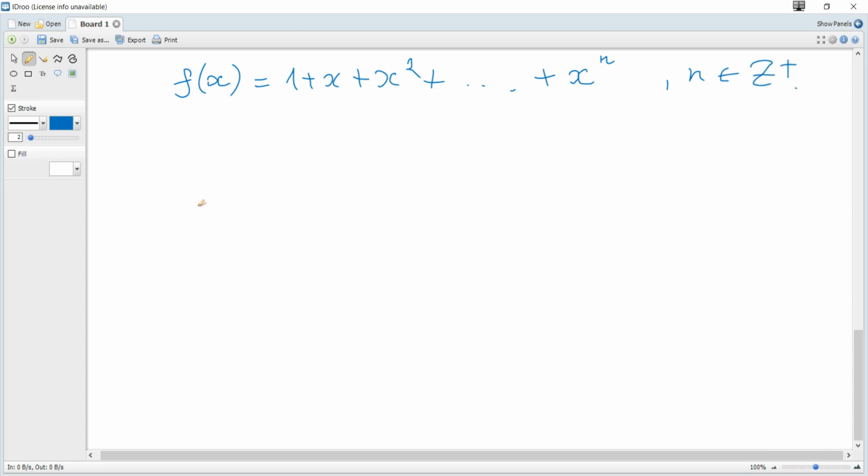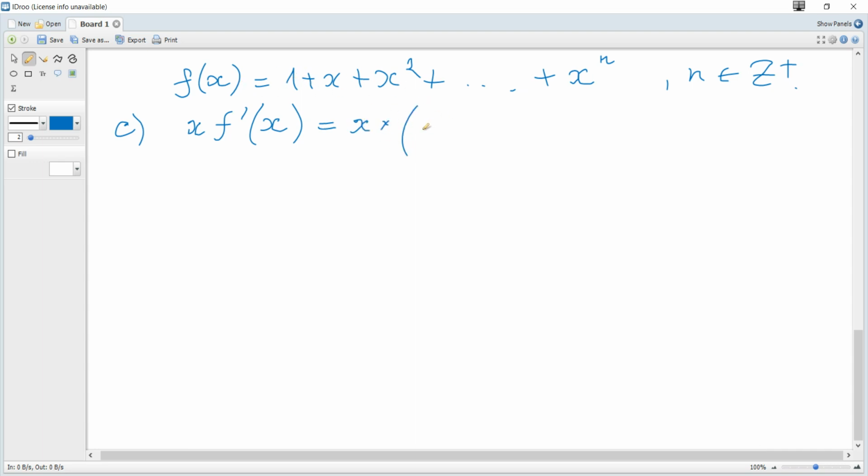Show that x multiplied by the derivative of f is x plus 2x squared plus 3x cubed plus so on up to n multiplied by x to the power of n. 1 mark. So x multiplied by the derivative of f becomes x multiplied by, what is the derivative of a given function?